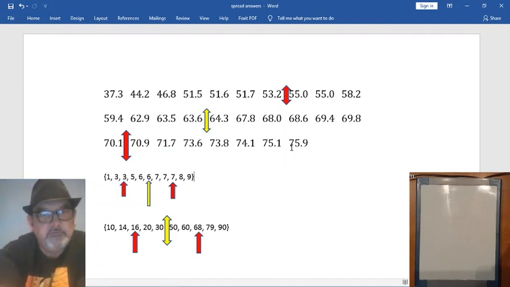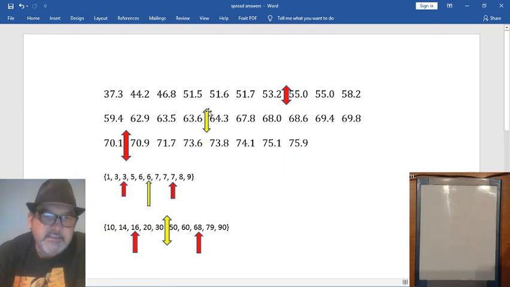So if we start at the bottom and count up 14 numbers, 14 and 15 are right here in between this yellow arrow. So in between these two numbers would be our median, because it separates it into 14 on the lower half and then 14 on the upper half.